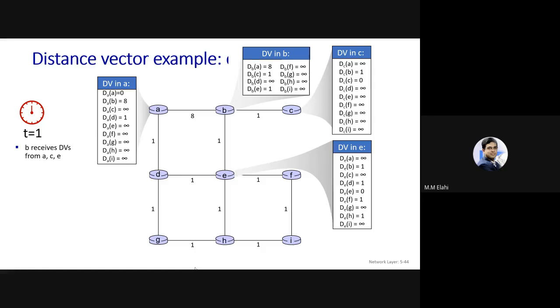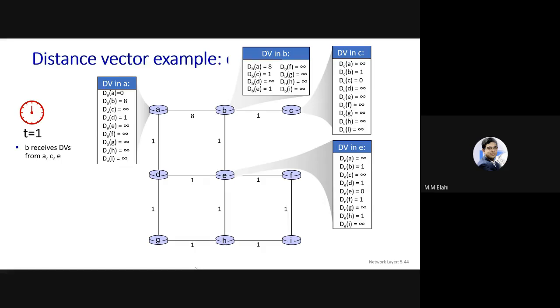You can draw only A, B, C, and E for this purpose. Other connections you don't need right now, but you need A's, C's, and E's initial distance vectors. So let us write down these distance vectors, and then we will see how B updates its own distance vector with updates from the neighbors.